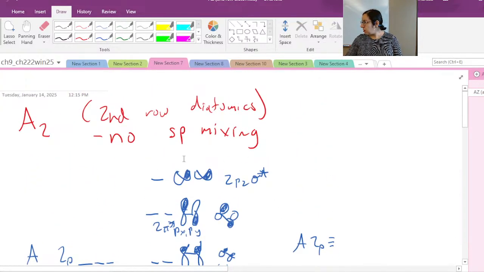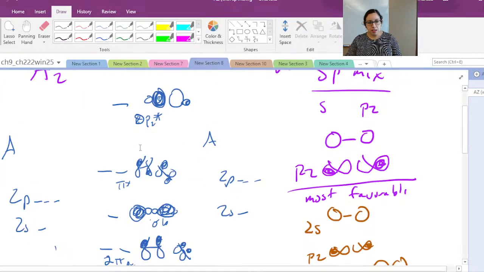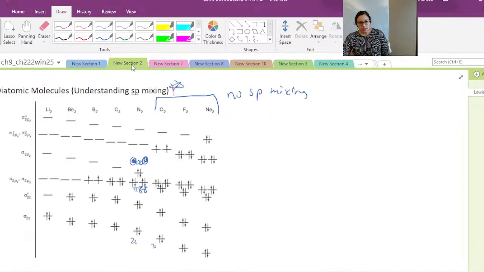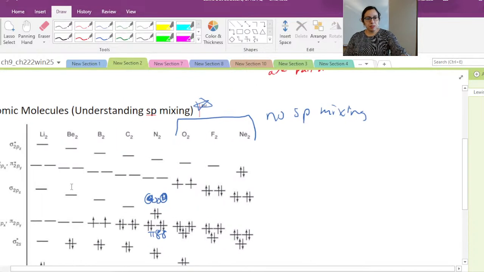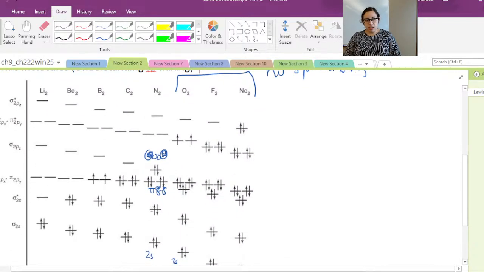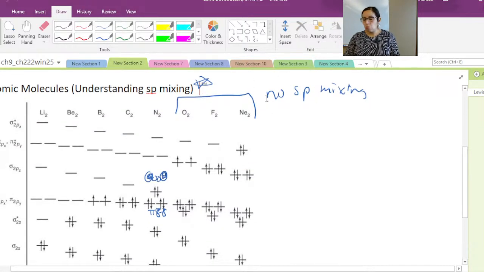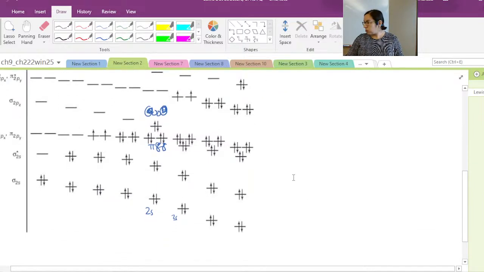So obviously we had done O2 prior with no sp mixing. Then we left off on Tuesday with our sp mixing. And then just going back to this, it gives us the answers, so to say. Again, emphasizing that for oxygen, fluorine, and neon, we're not invoking sp mixing, just due to the difference now in the p and the s orbital.